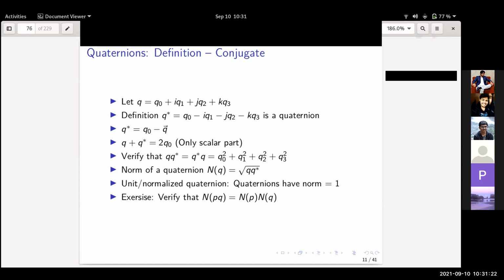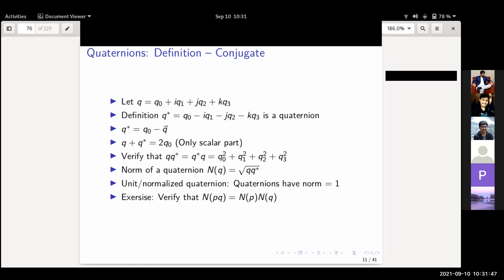So e power i theta, e power j theta, and e power k theta, e to some power of some vector, in different directions. Can you try that out? If you can get those things, it will be interesting. I have not seen it, but if you can somehow work out that kind of expression, that is magnitude multiplied by some vector.